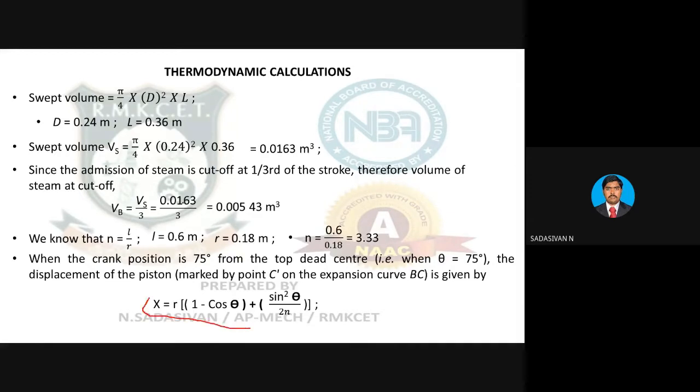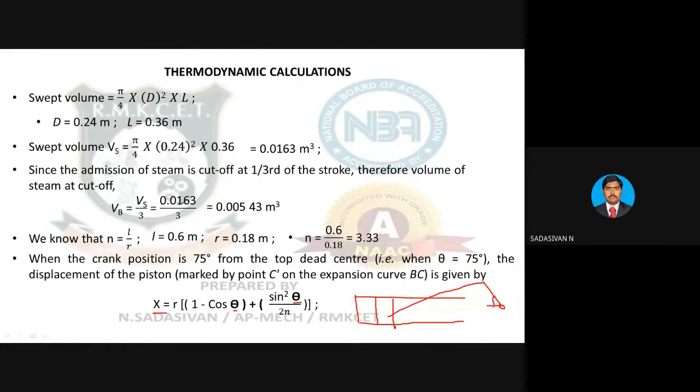This expression was derived first, then X was differentiated with respect to time to find the expression of velocity of the piston. I am going to put theta equal to 75 degree into this to find the value of X, the distance the piston has traveled when my crank angle is 75 degree.